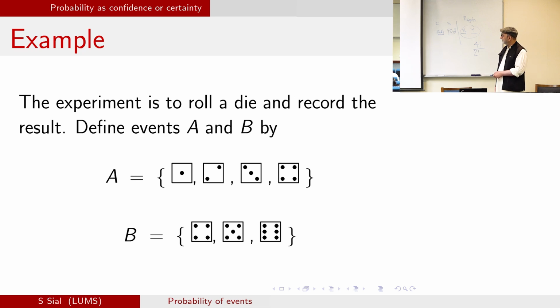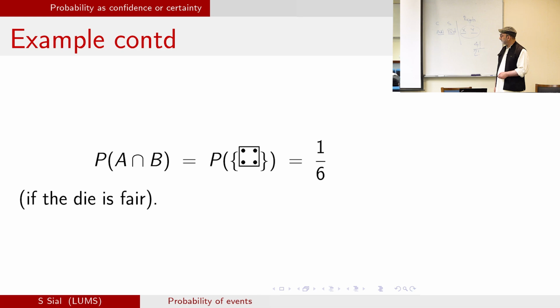Okay, now, what about the intersection? Well, if we take the intersection, what do we have? We just had the intersection of event A and event B is that you roll a 4. What's the probability of rolling a 4? If we assume that the die is fair, the probability of rolling a 4 is 1 out of 6. Right?